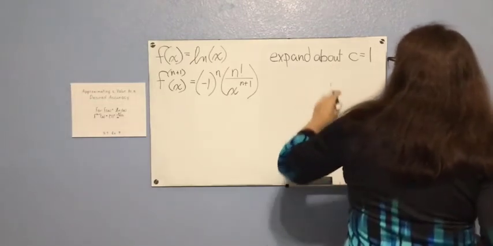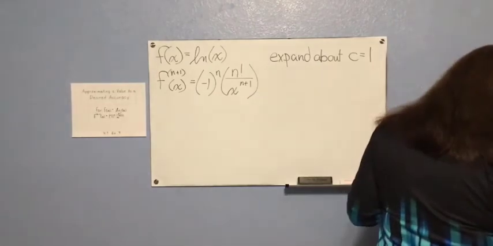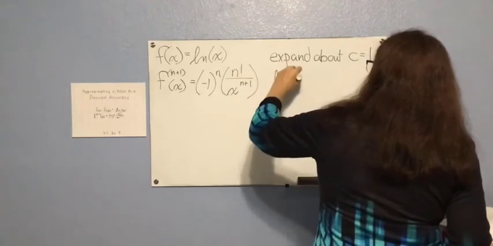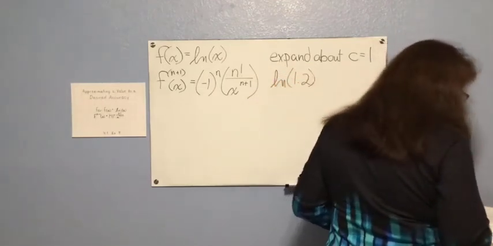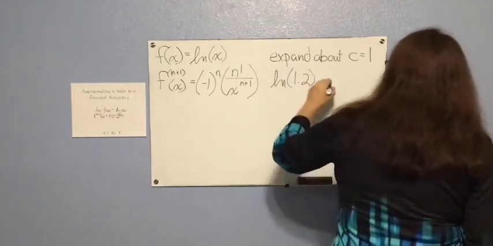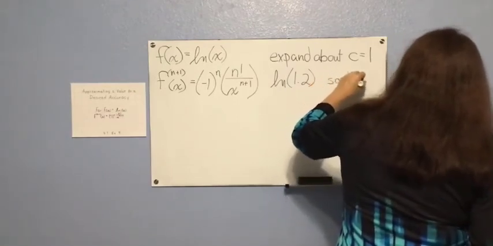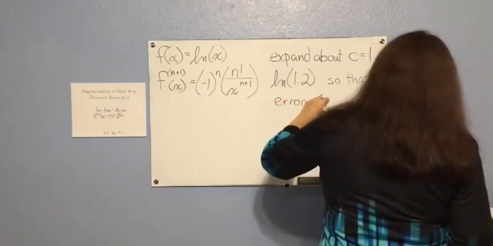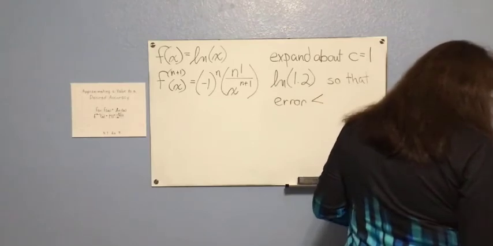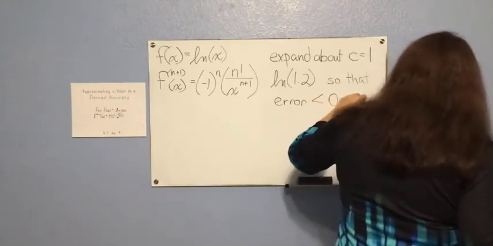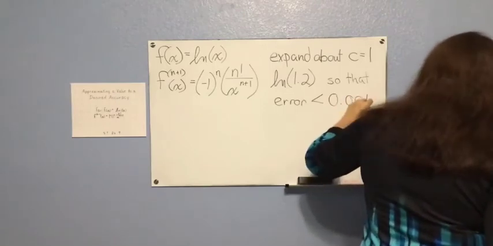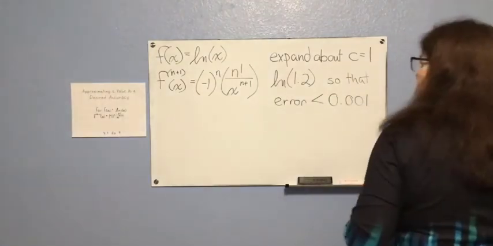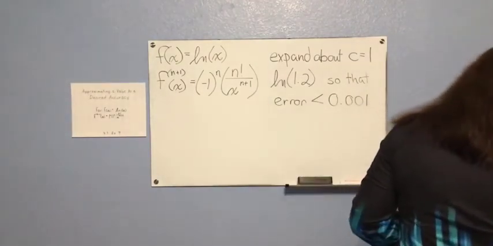Okay, we want to find how much of a Taylor polynomial do we have to have for natural log of 1.2 so that the error is less than 0.001. So we want to get our error less than 1/1000th. Okay, so here's our n plus 1th derivative.